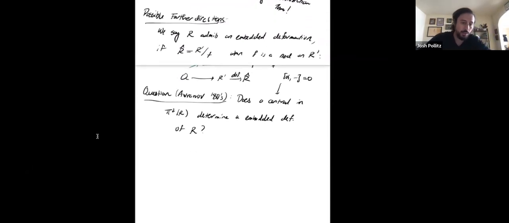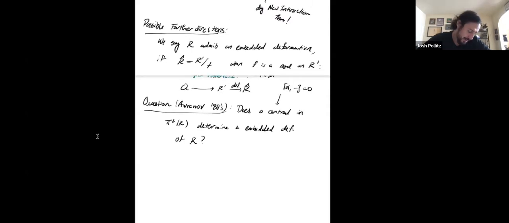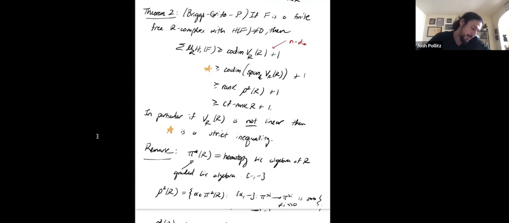And actually, what makes theorem 2 especially interesting is that if you can answer questions about the support variety, you get information about the radical, and the radical contains the central elements. So maybe I'll just end with this. In light of theorem 2, it would suffice to answer the following question.